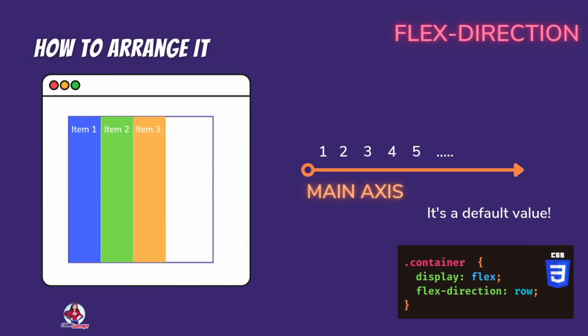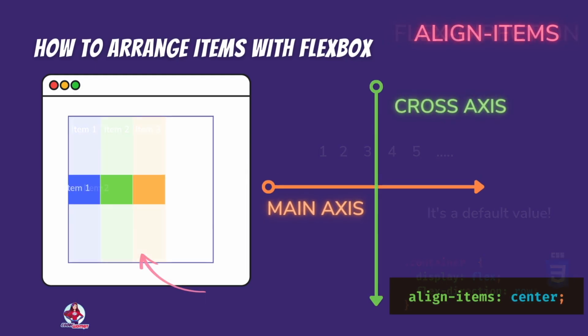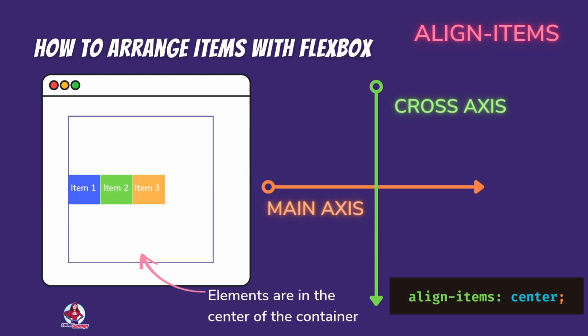Now, how do we vertically center the logo? Remember how? Just to refresh your memory. If we don't specify a flex direction value, the default is row. This means the elements will line up from left to right. This also means that our main axis goes from left to right and our cross axis goes from top to bottom.